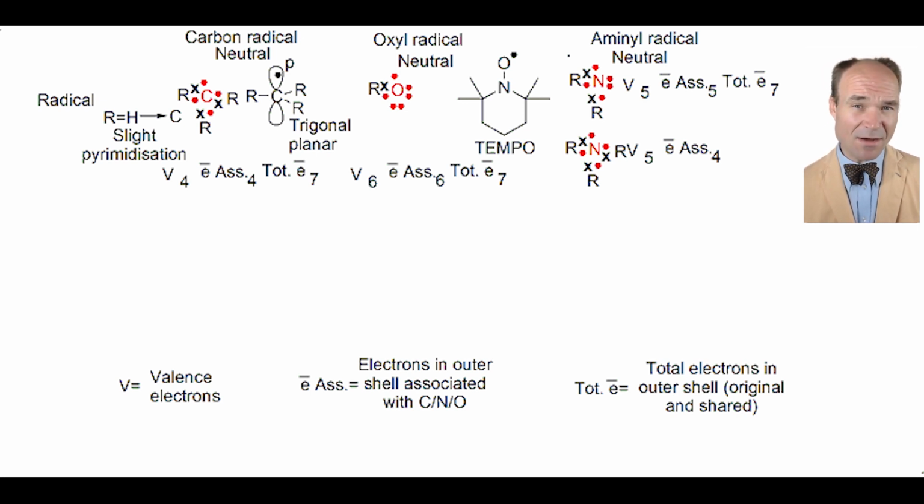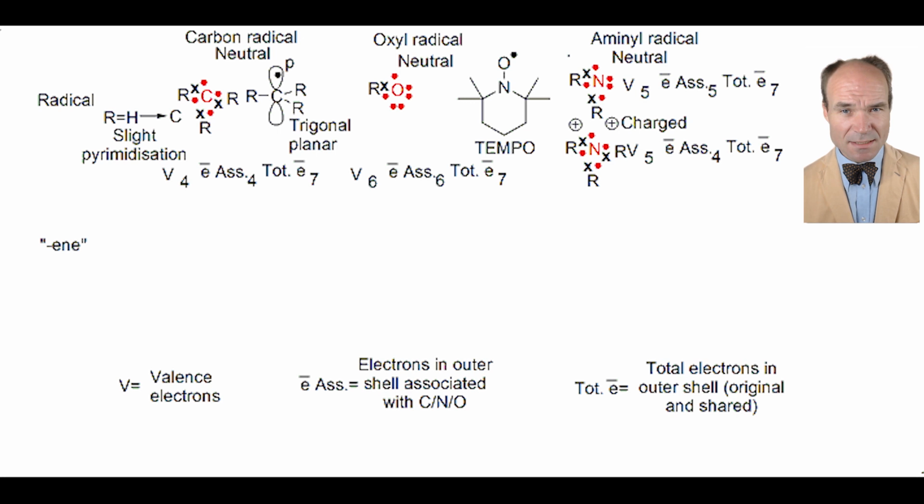Now, considering the calculation of valence electrons minus associated electrons, that here is 5 minus 4 equaling plus 1. Unusually for a radical, this is a positive charge. In total, there are 7 electrons in the nitrogen's outer shell, 4 electrons associated with the nitrogen, and 3 associated with the R group and shared through covalent bonds.